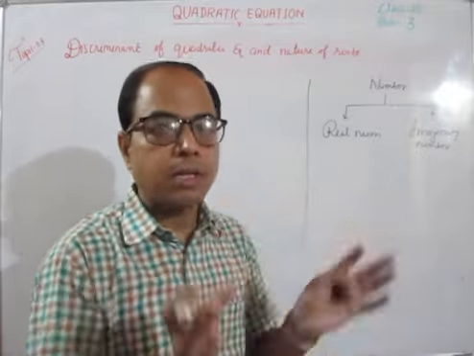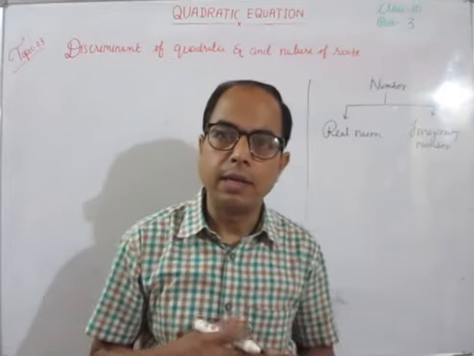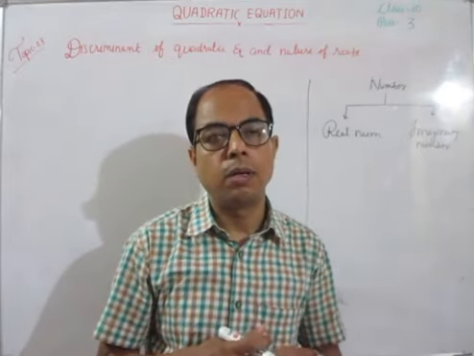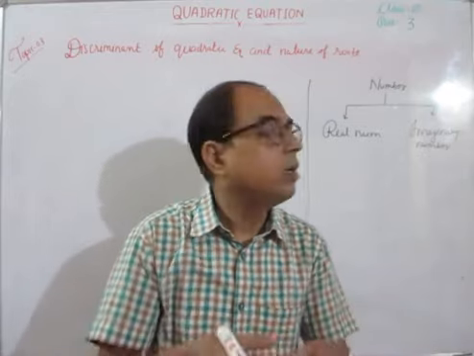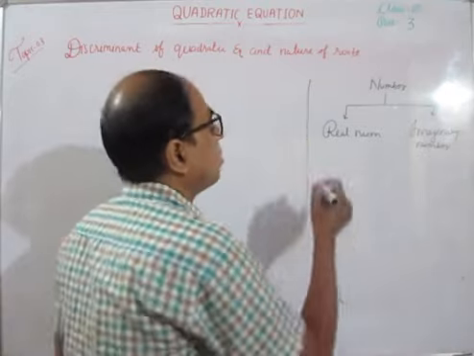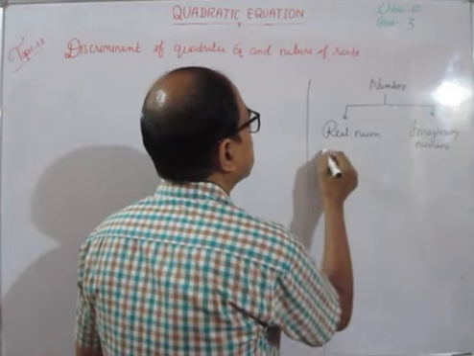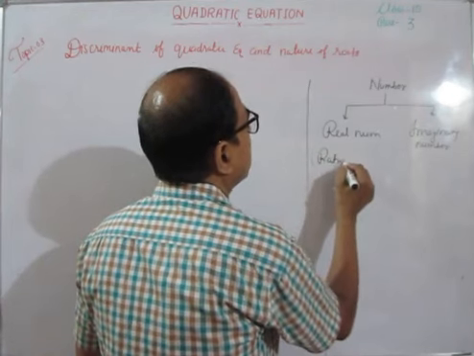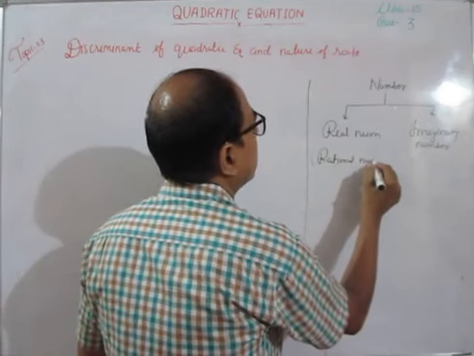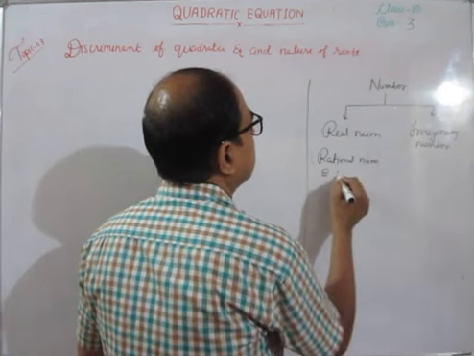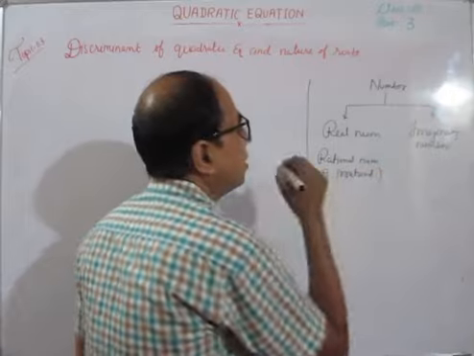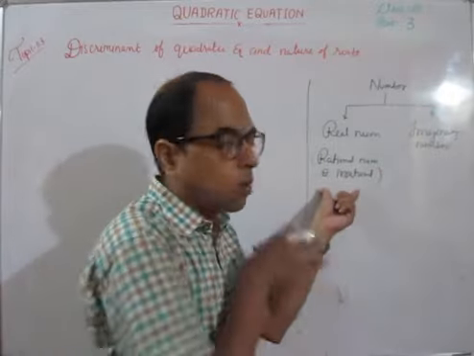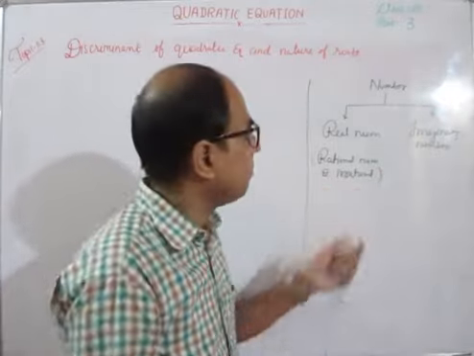That means all rational numbers, whole numbers, integers, even numbers, odd numbers and irrational numbers, all together, are called real numbers. And these numbers can be plotted on the number line.